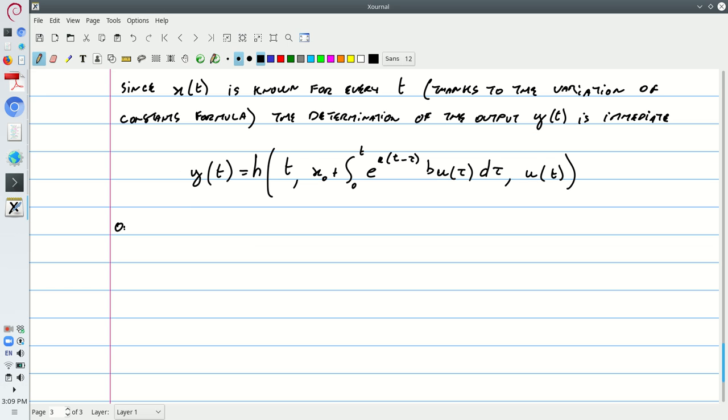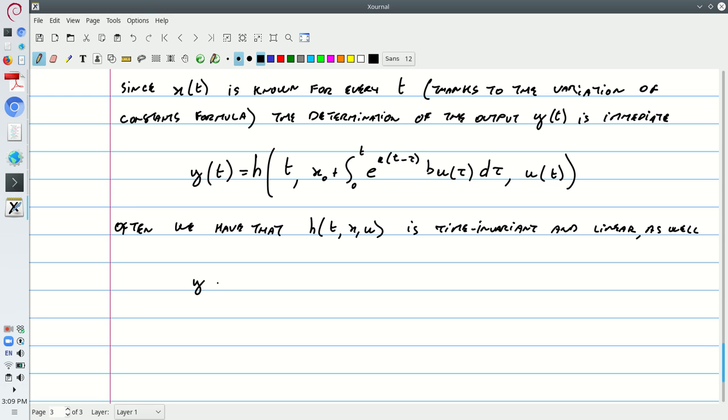However, often we have that h of t, x, u is time invariant and linear as well. So in that case, y of t is given by c times x of t plus d u of t.